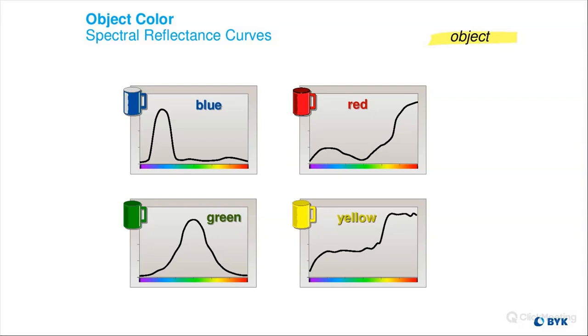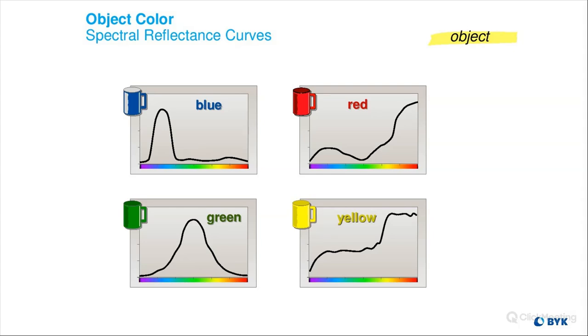And so if you can see from this example, the top left example here is a blue cup. And so what we're seeing is that in the blue region of visible light, that's where we have the most amount of reflectance. And so that's going to end up looking blue. And then in the one next to that, it's a red cup. And so we see a little bit of peaking in the blue region.